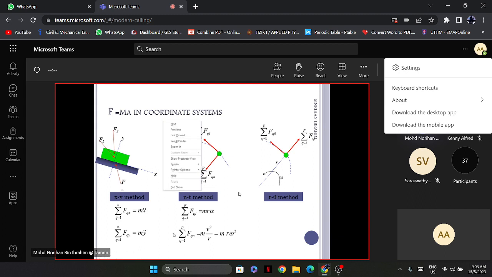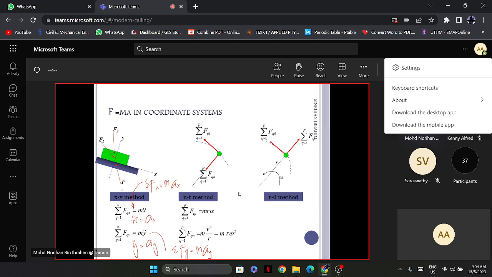Sum of Fx is equal to m ax, where x double dot is equivalent to ax, and y double dot is equivalent to ay. So sum of Fx is equal to m ax, and sum of Fy is equal to m ay.